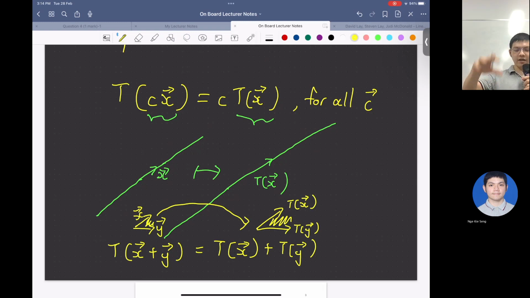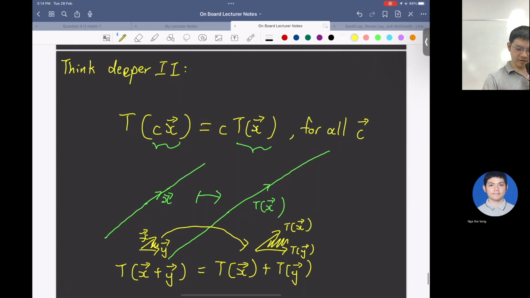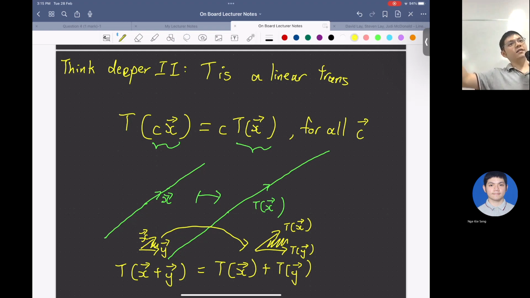So the plane in the codomain is coming from the plane in the domain. This is what these two properties of linear transformation are doing. So when T is a linear transformation, this means you send line to line, send plane to plane. Make sense?